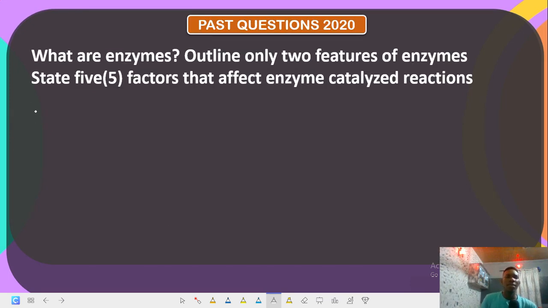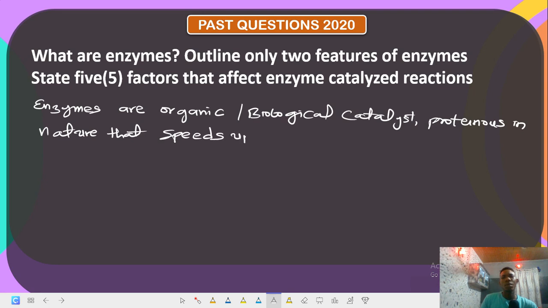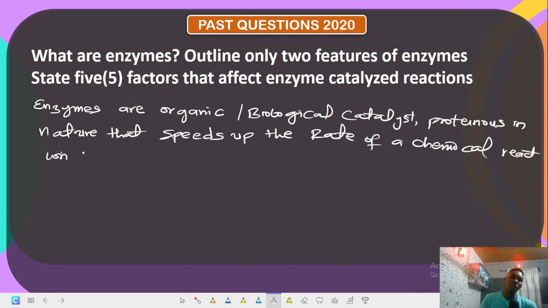Now, let us answer what are enzymes. Now, we can say that enzymes are organic or biological catalysts that are proteinous in nature, that speed up the rate of a chemical reaction but are not used up at the end of the reaction.